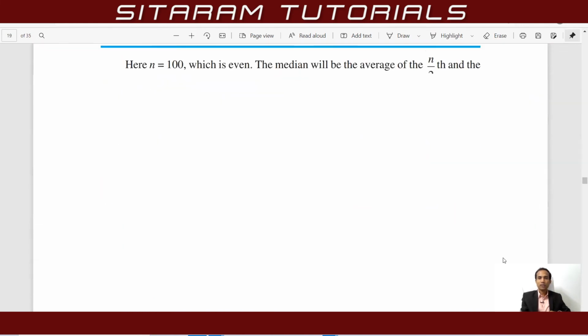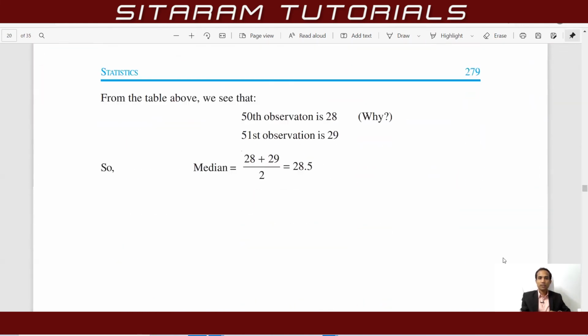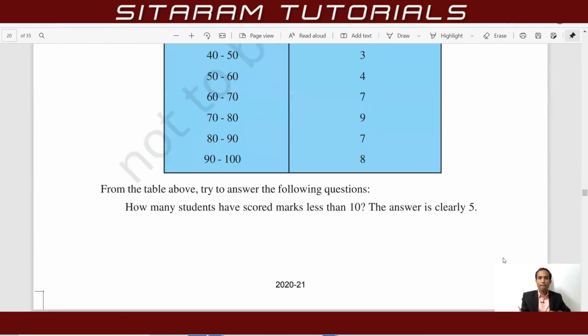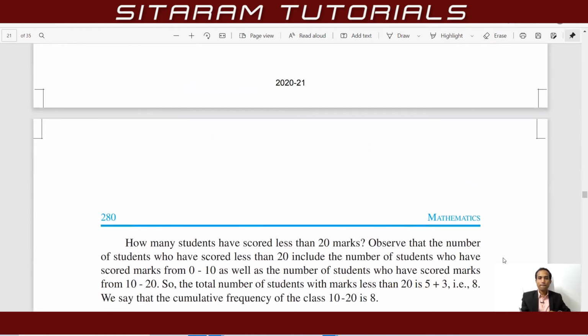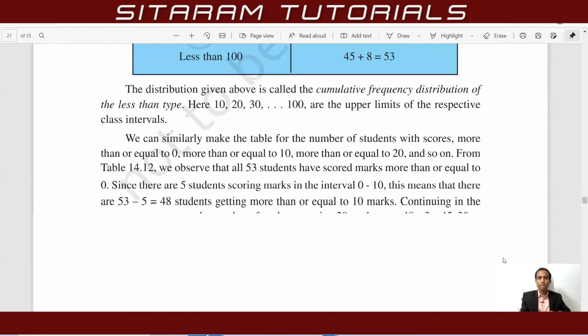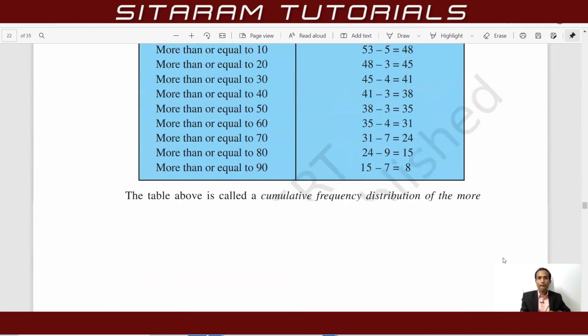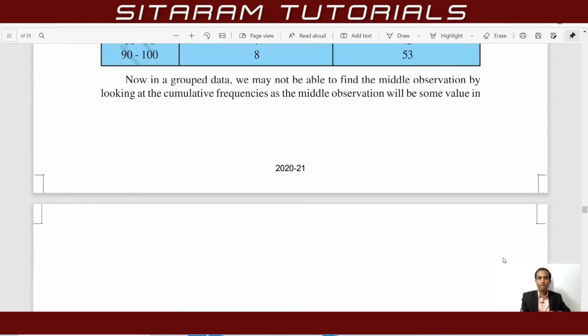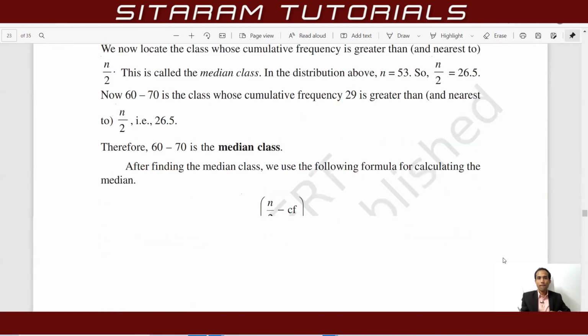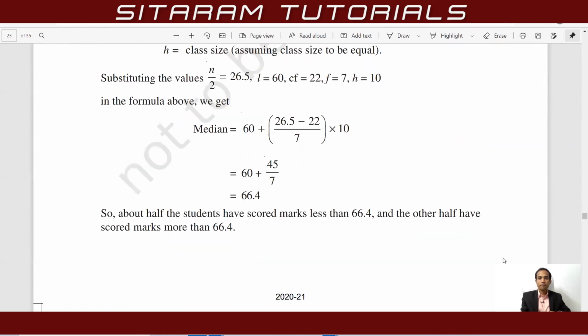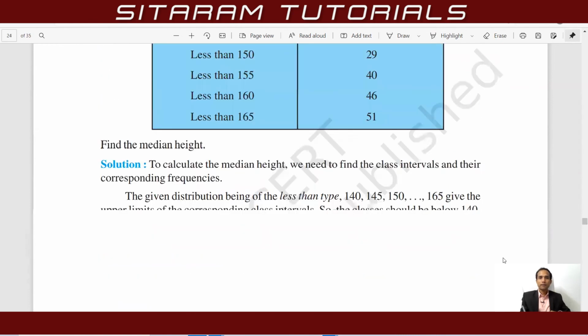Coming to the next, median of grouped data. So median is also there. All these problems are there. These all are going to be there.